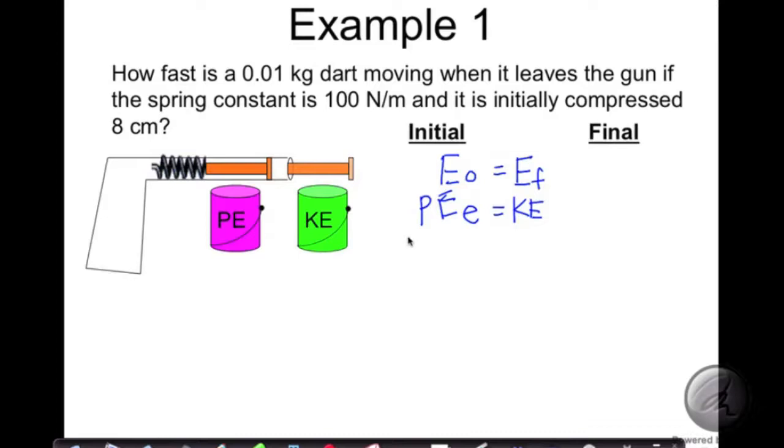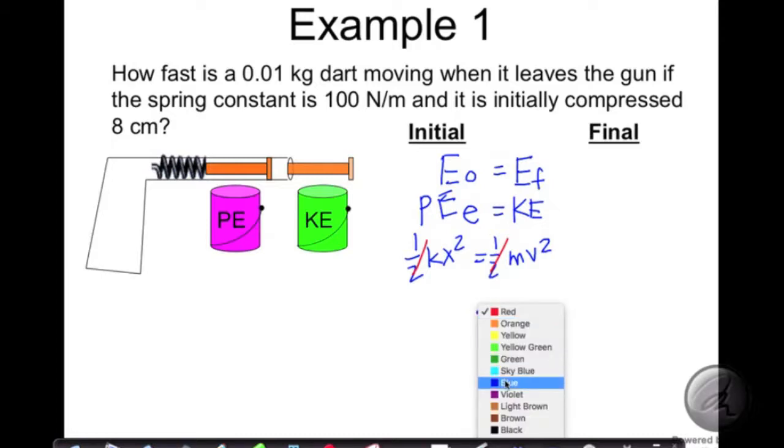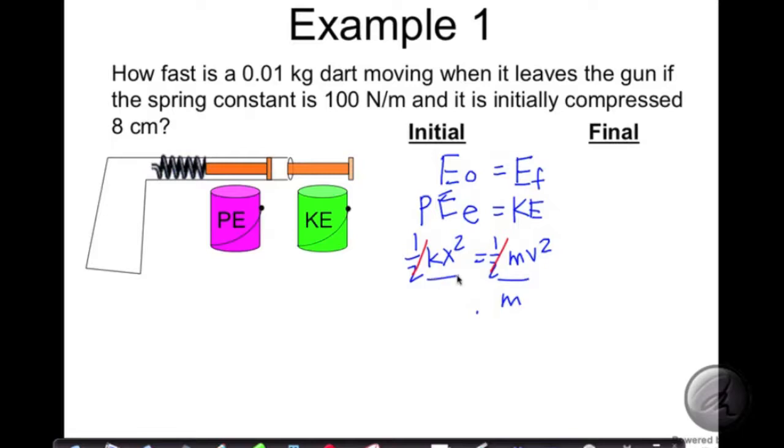Well, our equations for both of these are as follows. 1/2 kx squared equals 1/2 mv squared. We can see that our 1/2s cancel on each side, and we can divide over m on both sides.